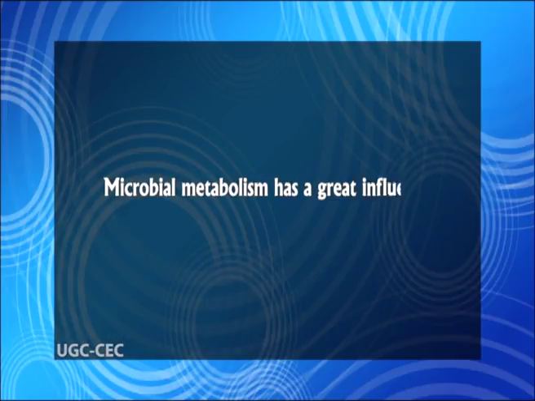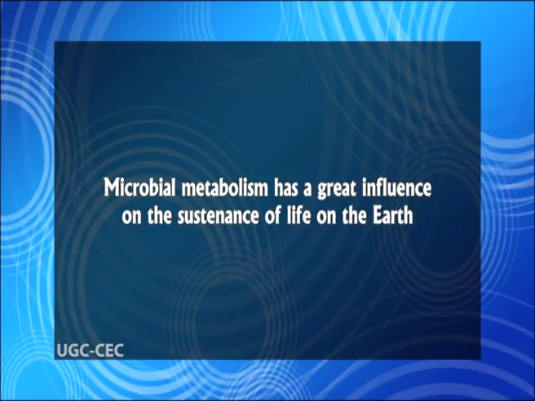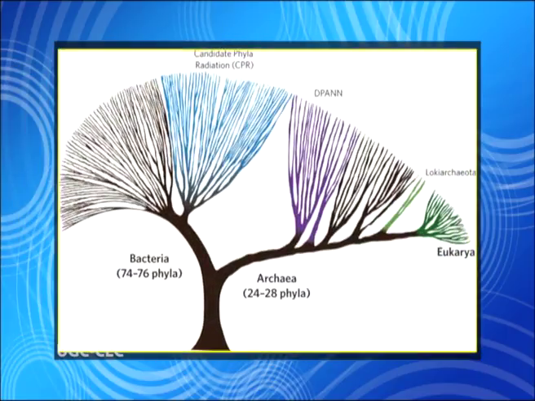This is governed by laws and involves loss of energy at each step. Microbial metabolism has a great influence on the sustenance of life on the earth, as microbes provide raw material for the evolution of other organisms on the earth.